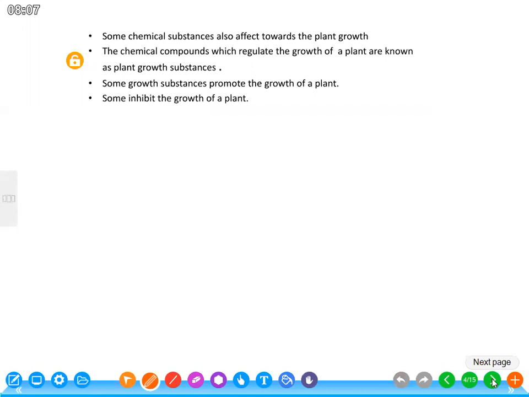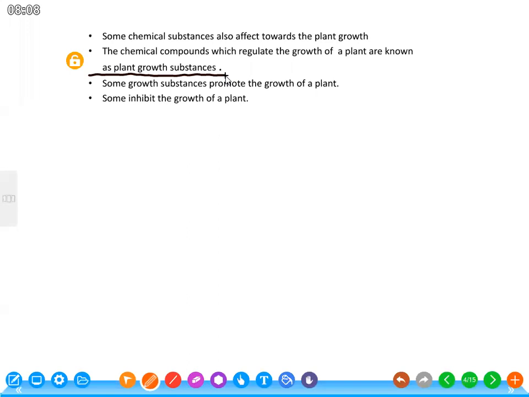So some chemical substances also affect plant growth. I already mentioned it. The chemical compounds which regulate the growth of a plant are known as plant growth substances. Some growth substances promote the growth of a plant.